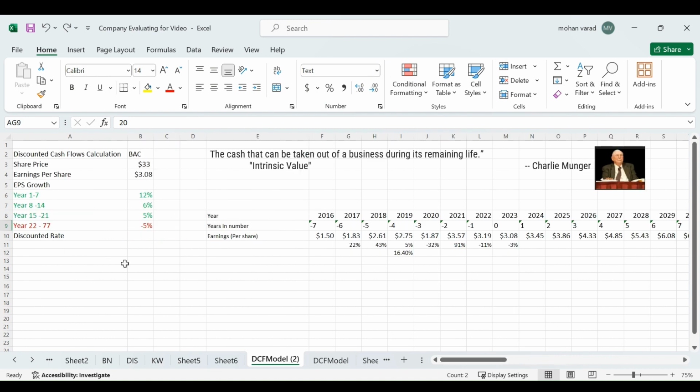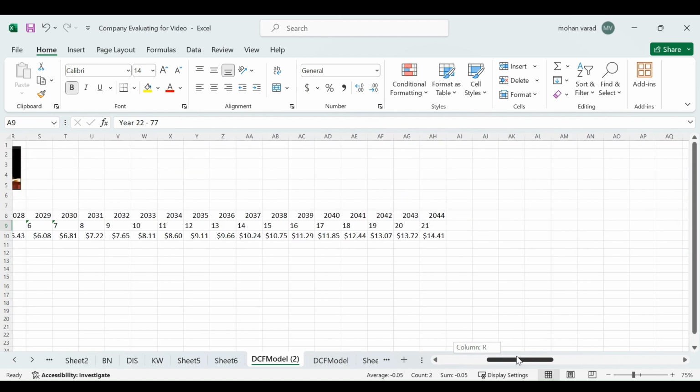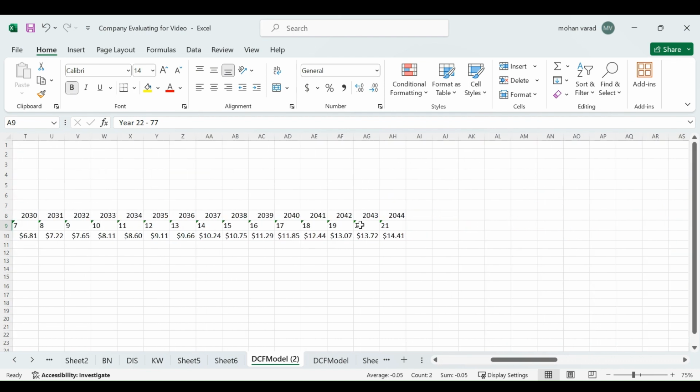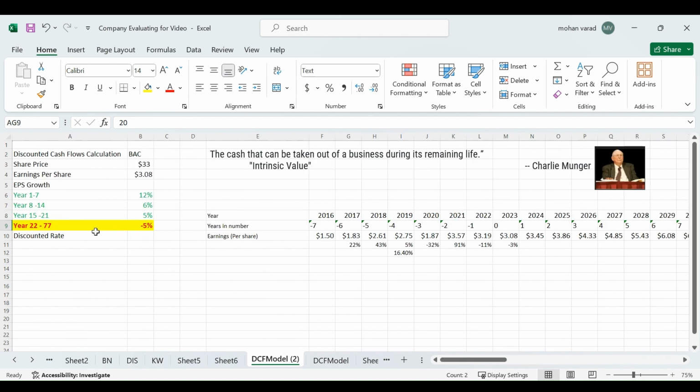Now let's play around like we did for all the above three. Let's go to year 22 through year 77. This time, we'll give negative 5%. That means the company is decreasing in its earnings per share. When you say 77 years, that is the end of the life of the company.